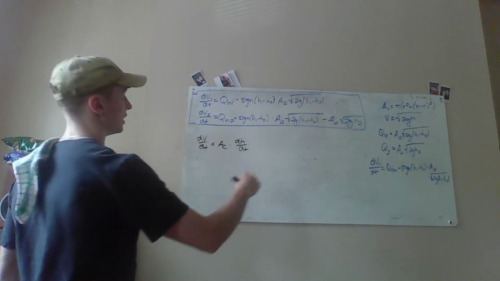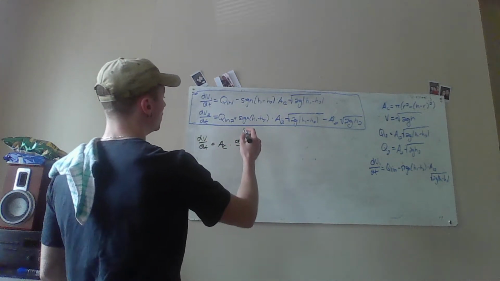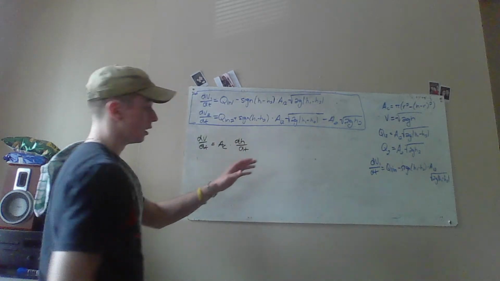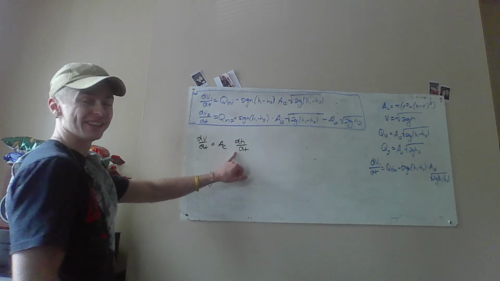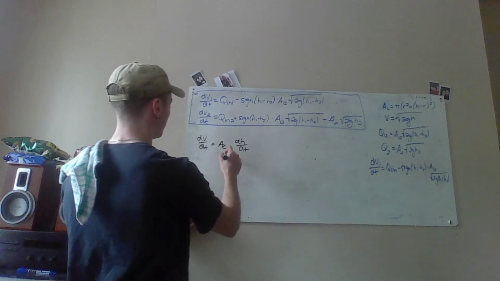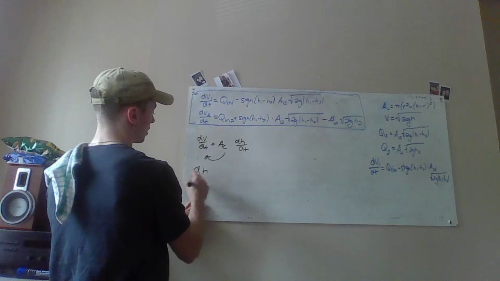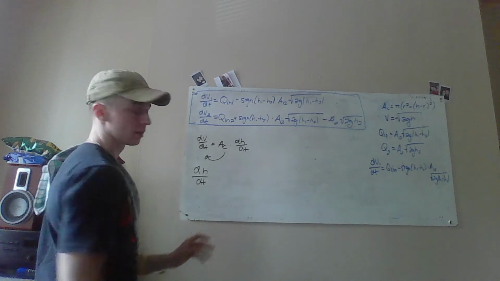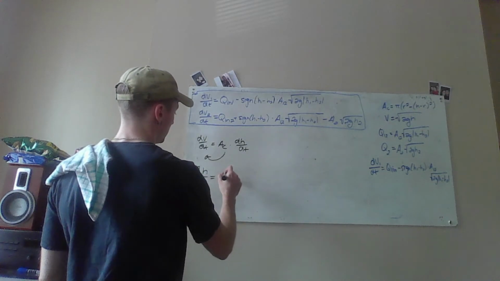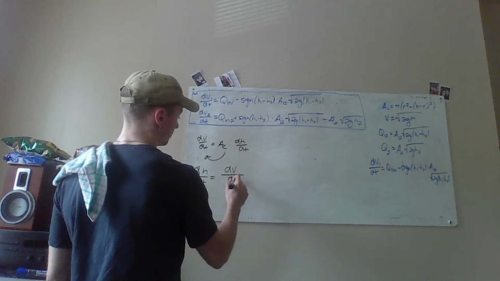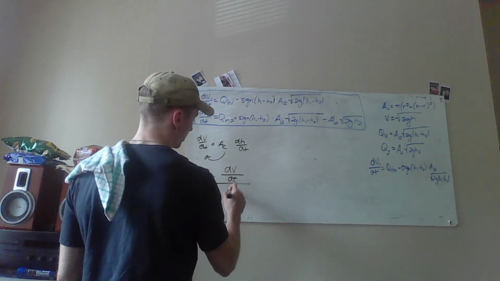And so we want to isolate the change in height with respect to time. All we have to do is divide by the cross-sectional area. So that means we get that the change in height with respect to time for either tank is equal to the initial flow rate divided by the cross-sectional area.